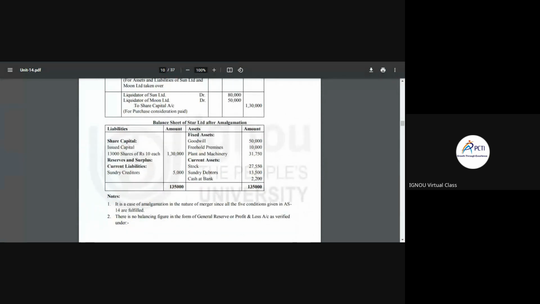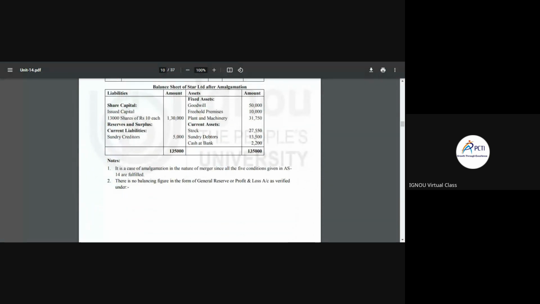Now, the balance sheet of Star Limited after amalgamation. After amalgamation, there is only the Star Limited balance sheet. On the liability side, share capital, issued capital, will be 13,000 shares of rupees 10 each, that will be 1,30,000. Then reserves and surplus, then current liabilities, sundry creditors, 5,000.